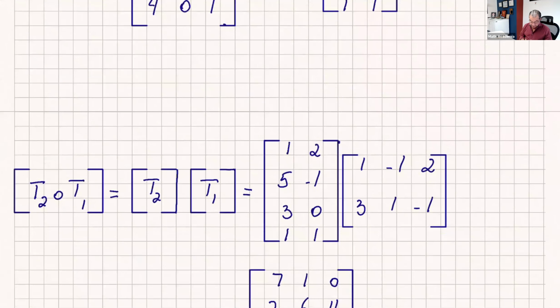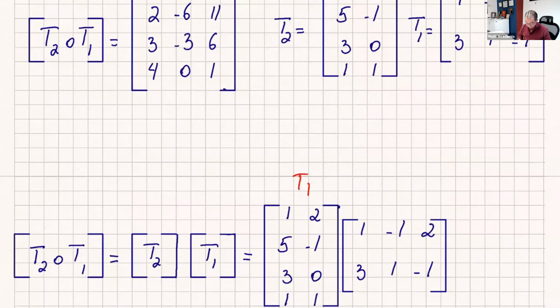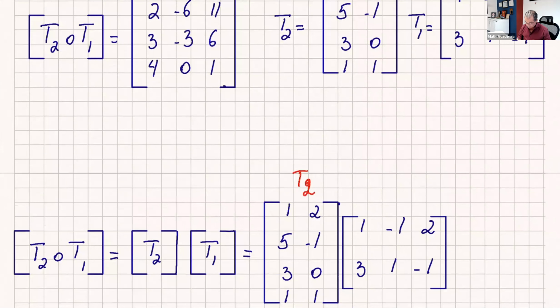Now, if you multiply those two matrices, the one we just found, this was for T2, and this one was for T1.